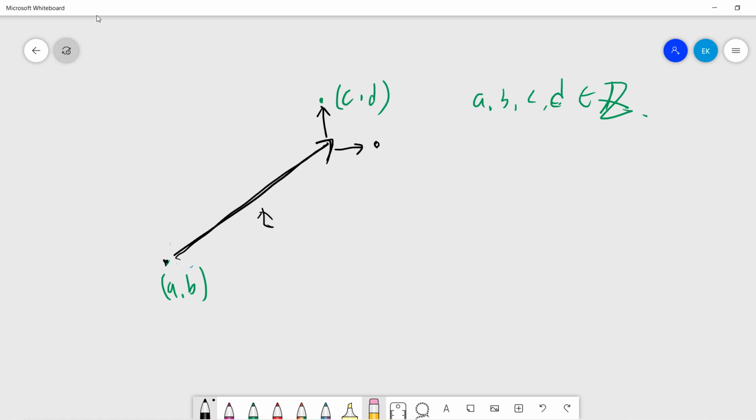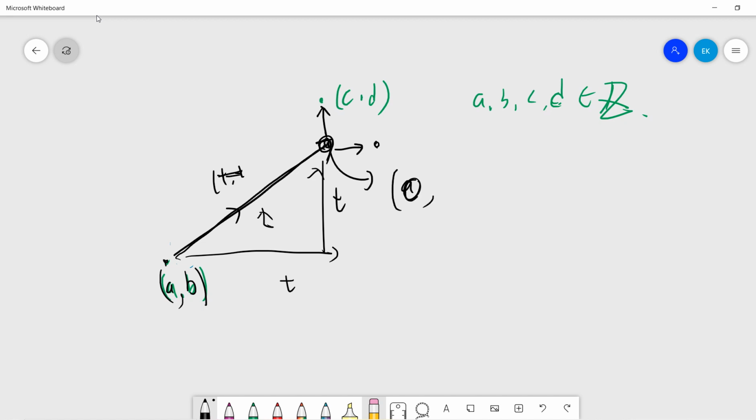So how do we compute this? It's very easy. We start from (a, b), and suppose this is (c, d).